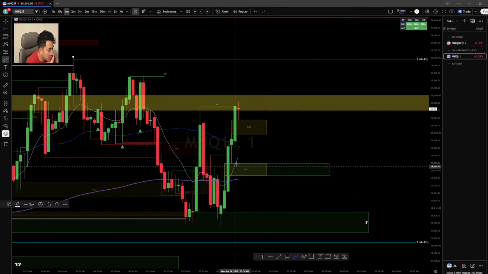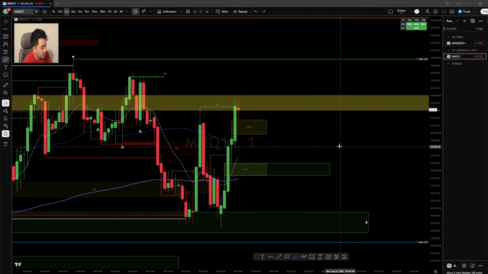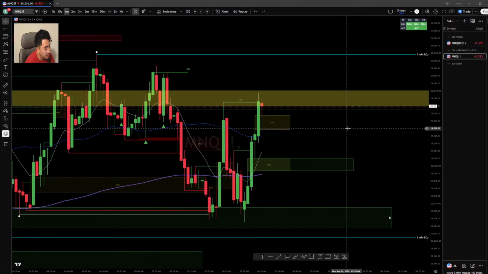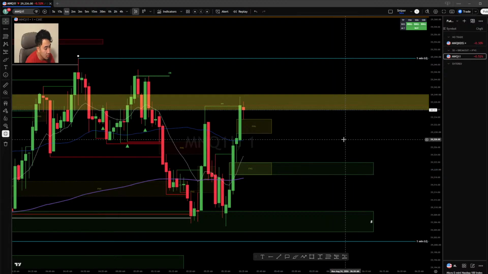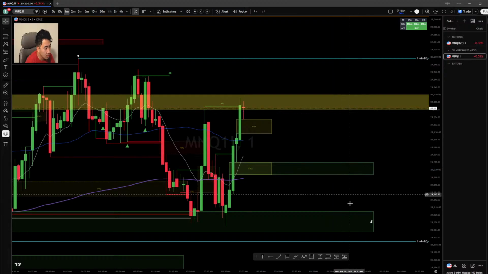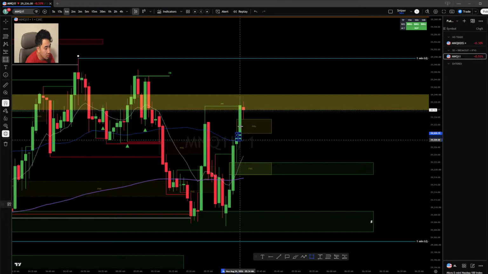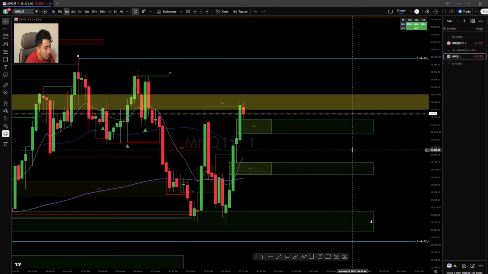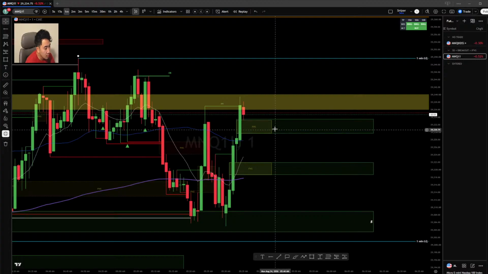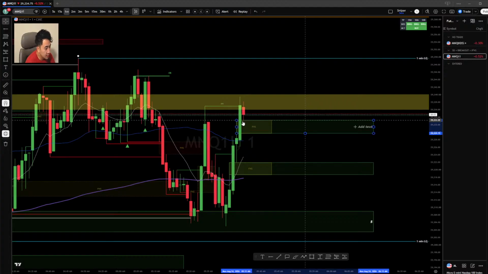Once this 13 EMA crosses the 50 SMA, we're bullish here. This candle's creating this 1 minute gap.